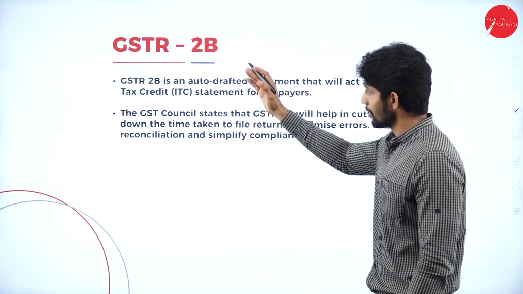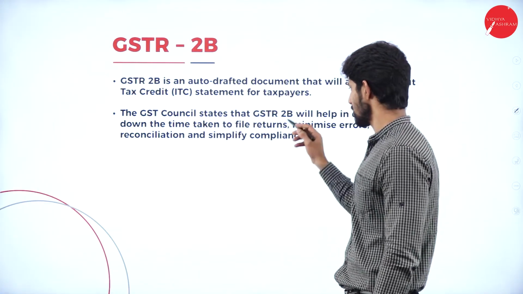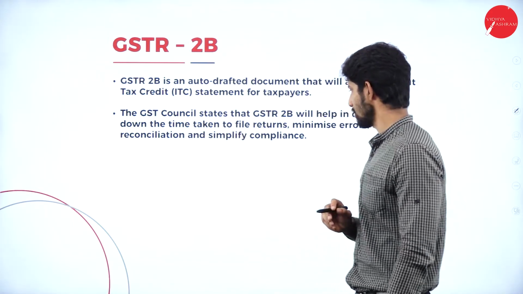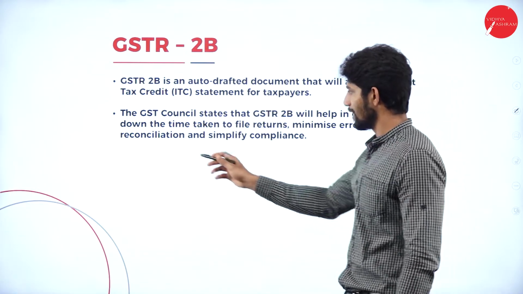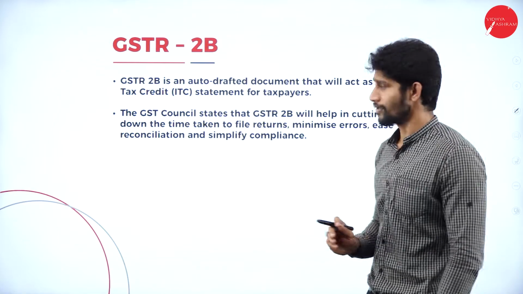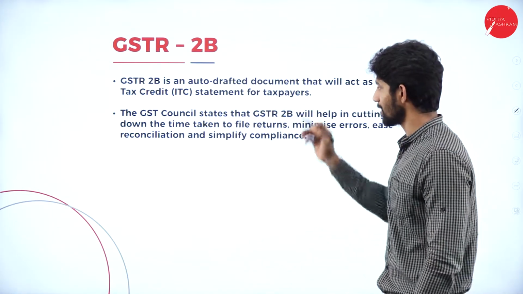Which one? GSTR 2B. The GST Council states that GSTR 2B will help in cutting down the time taken to file returns, minimize errors, ease reconciliation, and simplify compliance. Yes, so here GSTR 2B will be acting like an input tax credit statement.